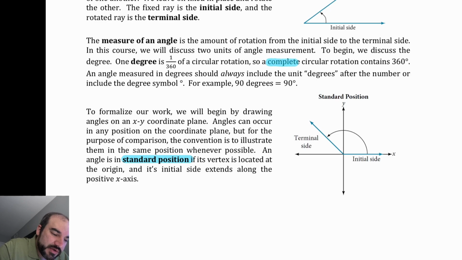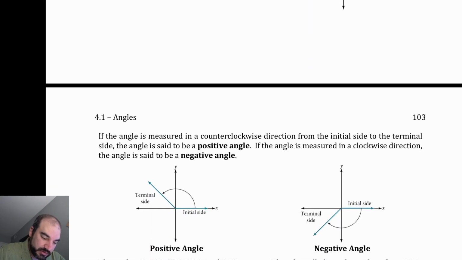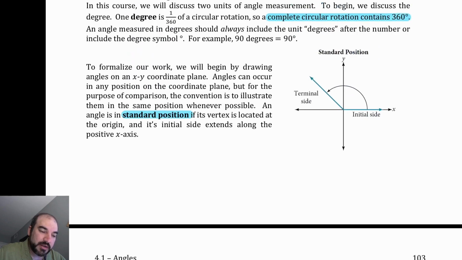A complete circular rotation contains 360 degrees. So if my angle swings all the way around and the terminal side lands back on the initial side, we would say that angle that goes all the way around is 360 degrees, right? And placing the initial side on the x-axis gives us these nice quadrantal angles, which we'll talk about on the next page.